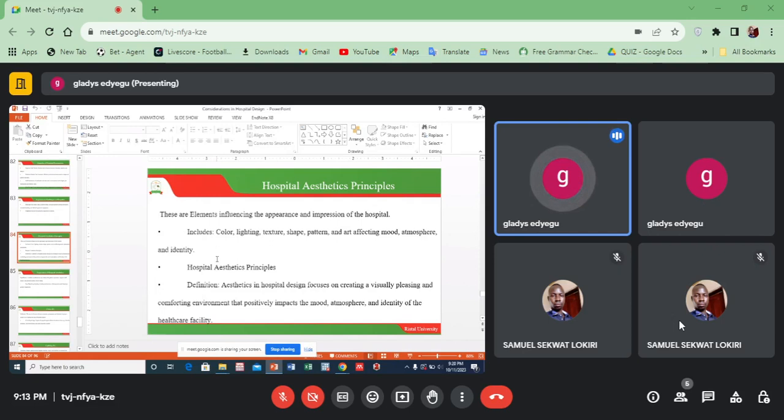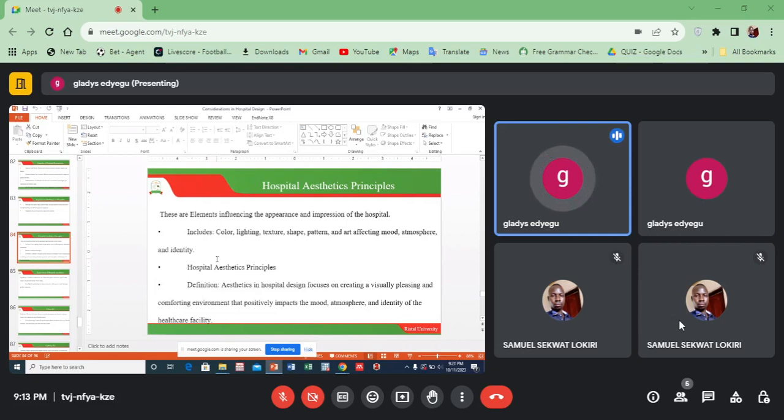Then lighting, which actually affects service provision. And when we don't have natural light, which is the sun, then we have to provide artificial light, but it should be able to serve the same purpose.